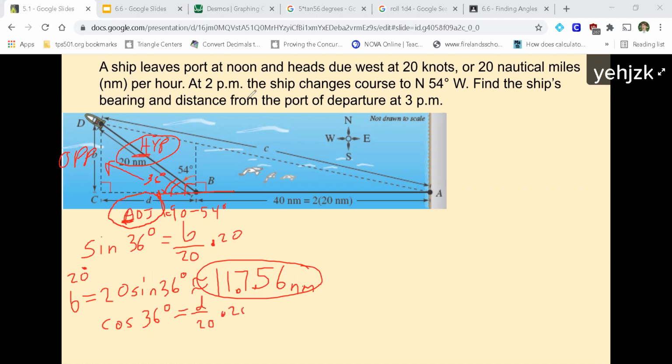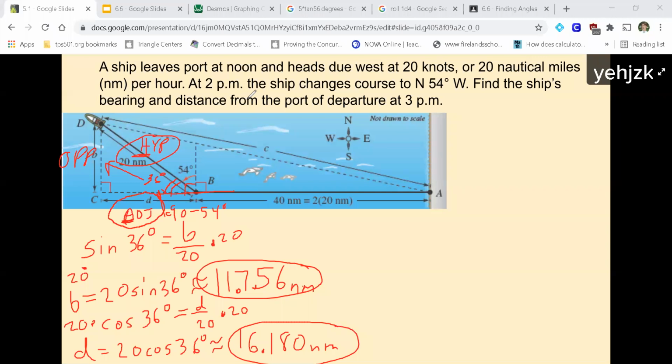Multiply both sides by 20. We get D is equal to 20 times the cosine of 36 degrees. Multiply those together. 20 cosine of 36 is 16.180 nautical miles.